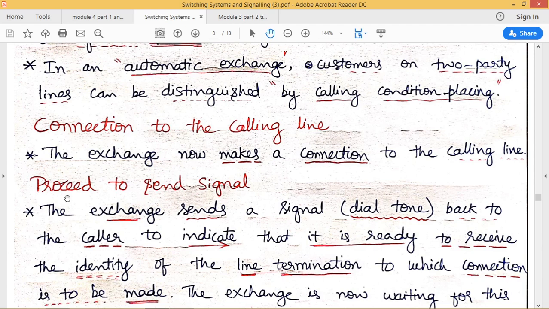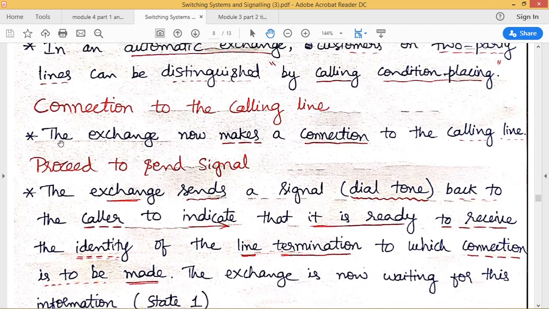Once the connection has been established, we deal with the proceed to send signal. Please note that the calling party, till now, has not entered the data, or has not entered whom he wants to call.